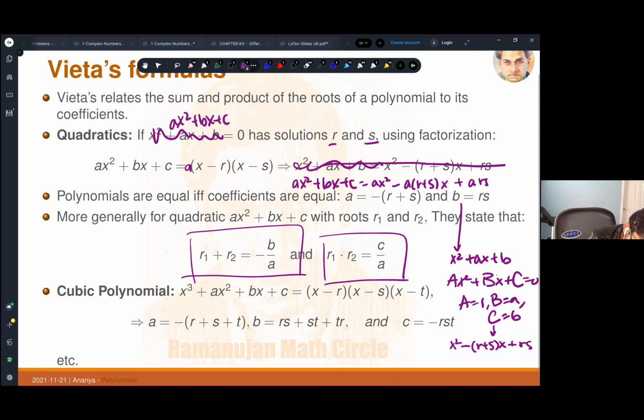And so what this gives us is that in the general form for quadratics, the sum of the roots is equal to negative b over a, and the product of the roots is c over a.